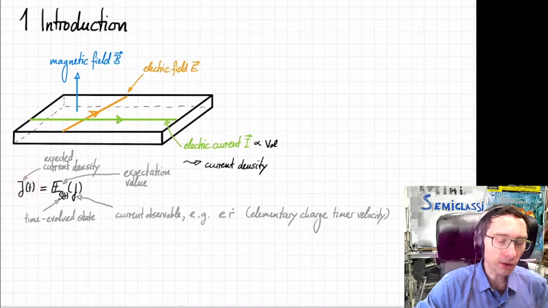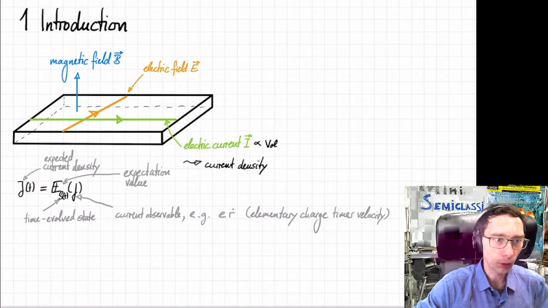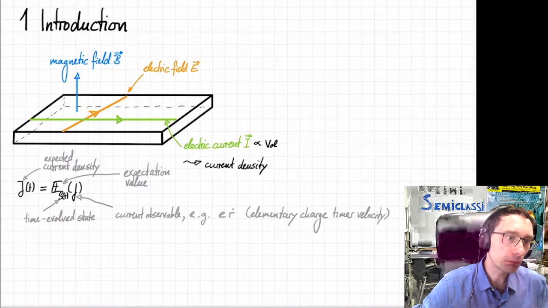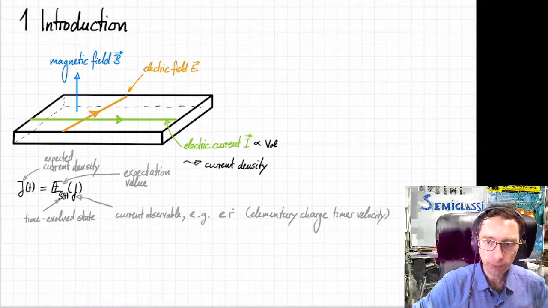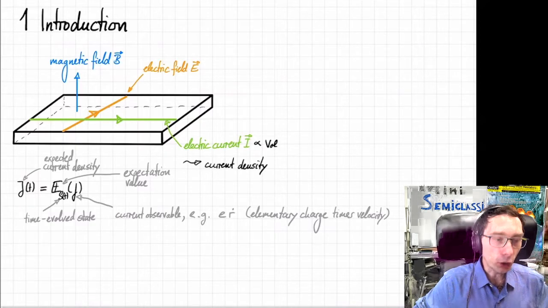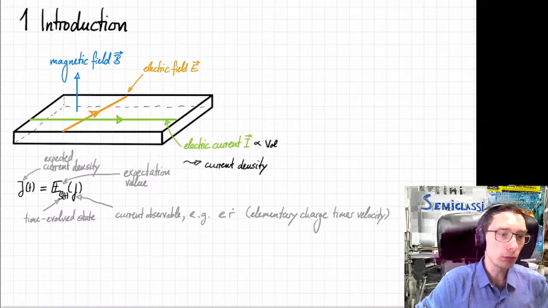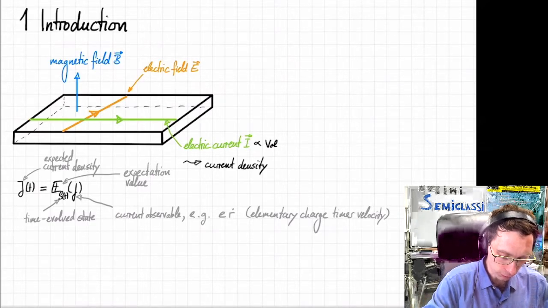It is this quantity that you can measure in experiment. Of course, you will measure the total current, but then you can also compute the current density. One of the early successes of quantum mechanics was to give a microscopic model that allows us to predict or explain why some materials are conductors or metals.